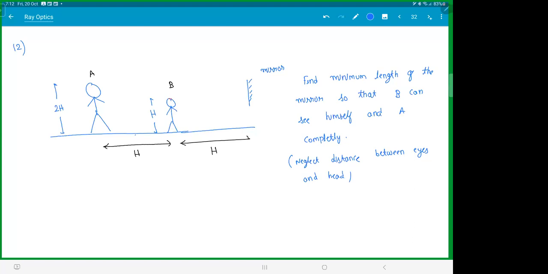I'm sure you must have done this question. Find the minimum height required to see yourself. That though is a standard answer. I'll give 3-4 minutes.